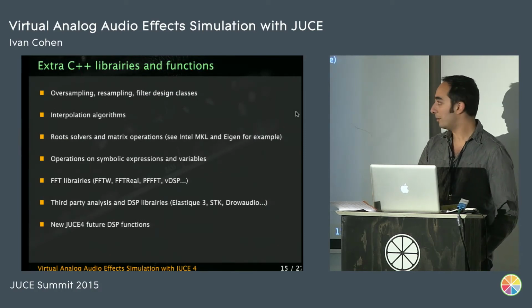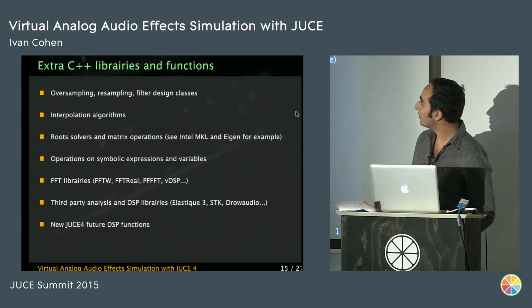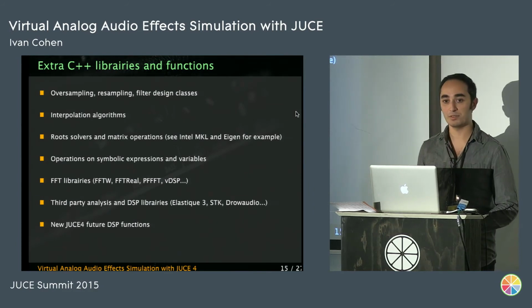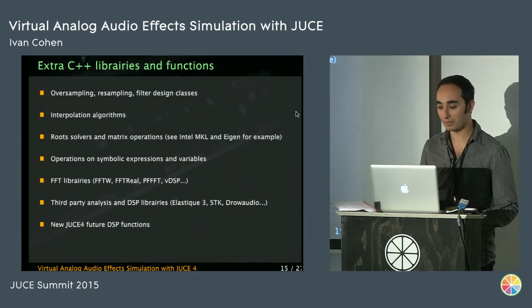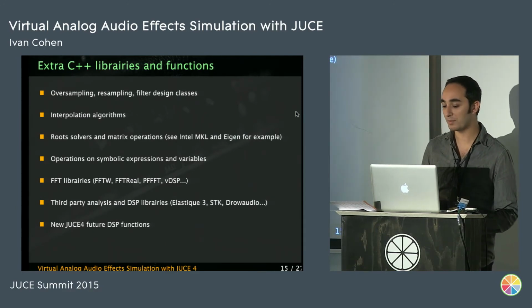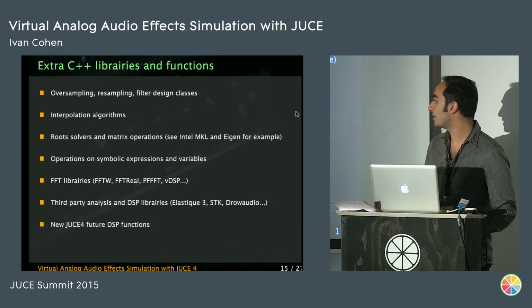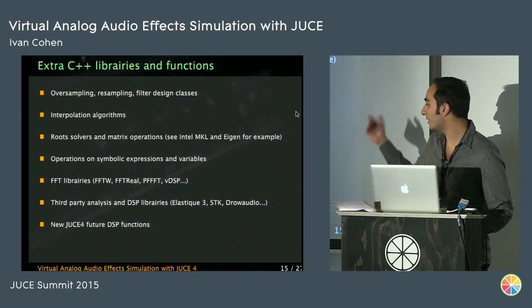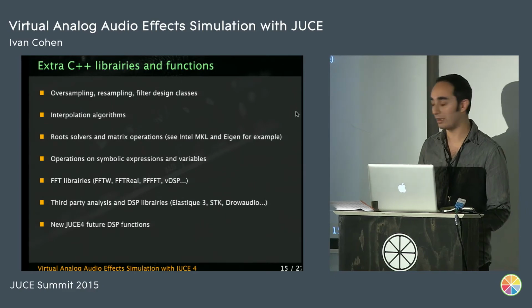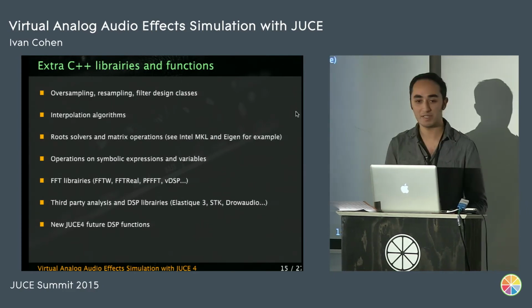But sometimes you will also need some extra C++ libraries to achieve a few functionalities, like oversampling, resampling, interpolation algorithms, and root solvers. You will need to get some third-party libraries like this one, or you might use the upcoming JUCE 4 DSP functions.